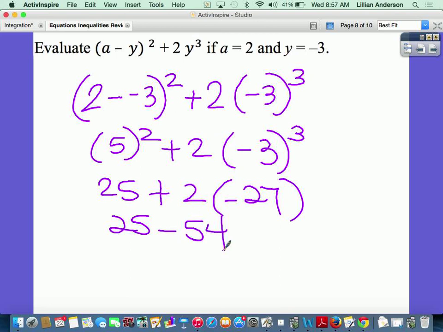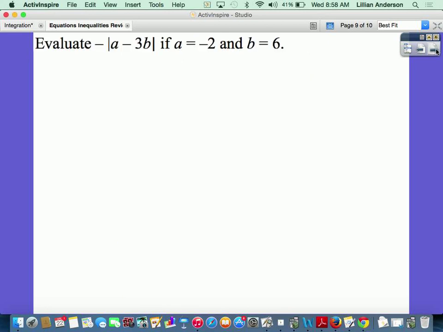And so then I just subtract, and my answer is -27. Don't forget about that. Evaluate means solve. Of course, if they give you values, you plug them in. The same goes for this one.